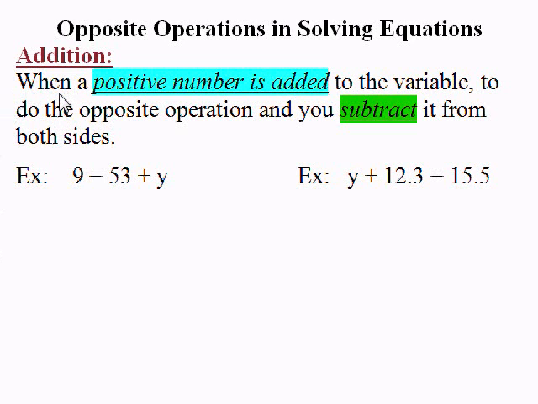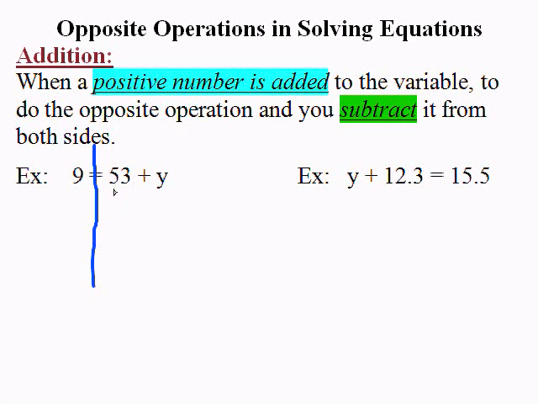Addition. Suppose there's addition in the problem. When a positive number is added to the variable, to do the opposite operation, you subtract it from both sides. So looking at a couple of examples of that, suppose we have 9 equals 53 plus y. Let's split our equation down the middle through the equal sign.